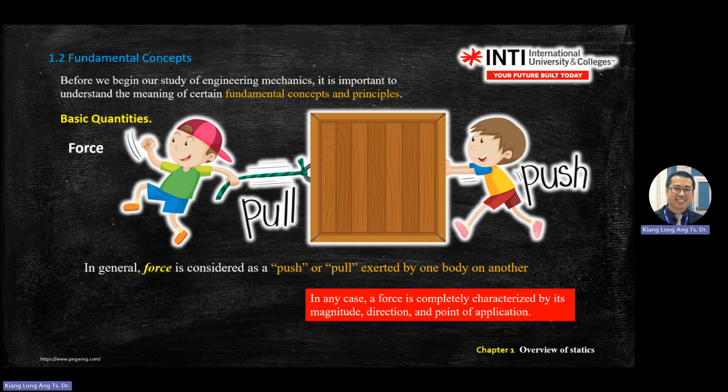In the later slides, you will see some symbol like this one, which means find the magnitude. Here, you will see magnitude and direction given by an angle. In your SPM or secondary school, you stop here.